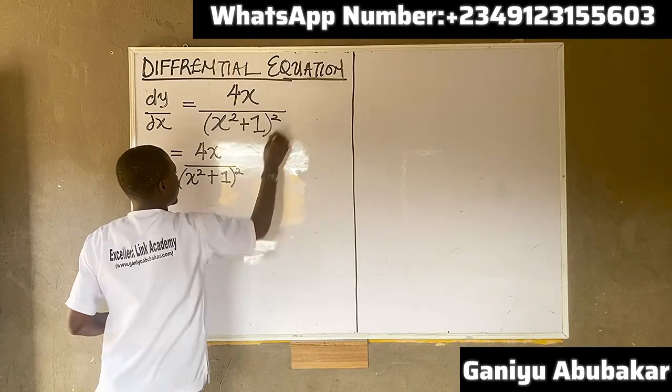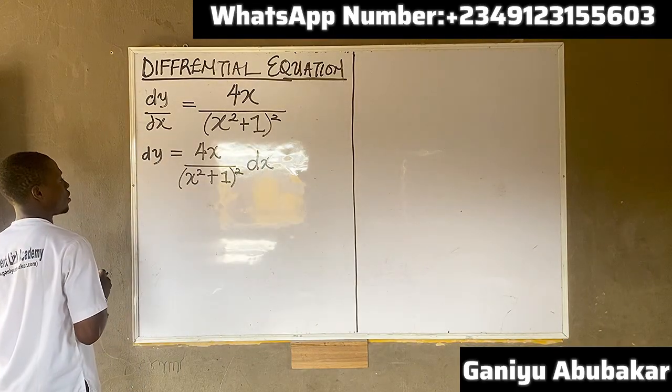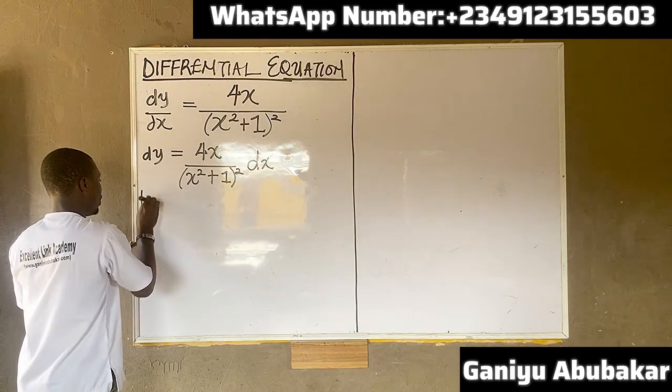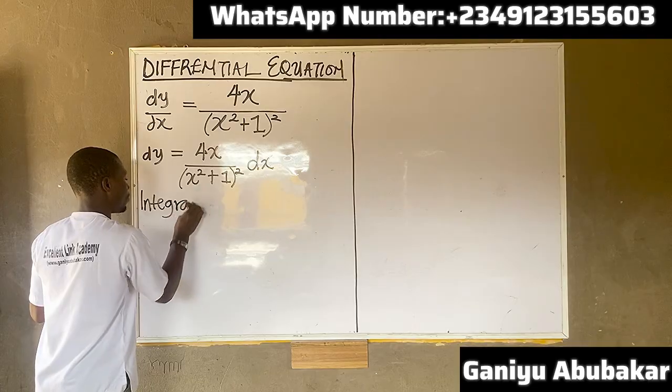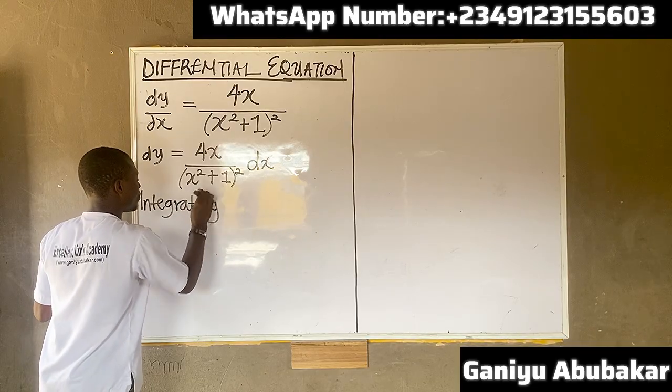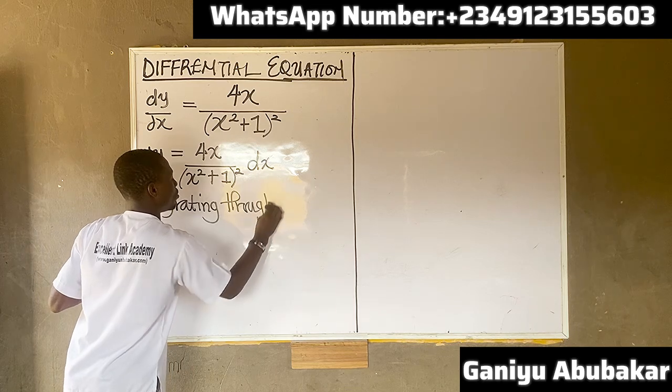Take the dx here, that gives you the dx. Next task is getting through, so integrating through, right?